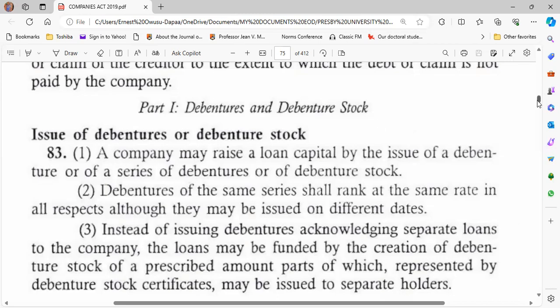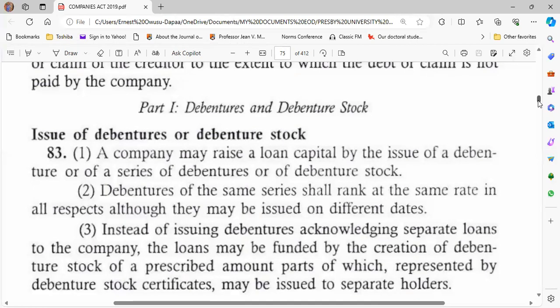As I've told you before, if you want to know the meaning of a word which is not common in any legislation, you must first try and find out whether that legislation has got what we call an interpretation section. If it has, then you look up whether that particular word is defined there. So let's go to schedule 1.